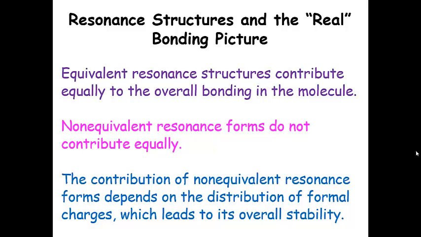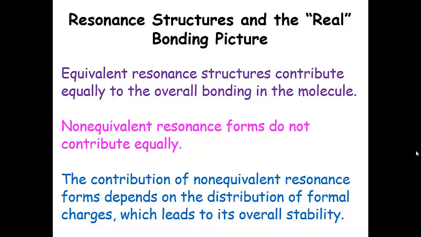And equivalent resonance structures, if you have, let's say, two equivalent resonance structures that can be drawn for a molecule, those would contribute equally to the overall bonding in that molecule, where non-equivalent resonance forms do not contribute equally. So basically, how much that non-equivalent resonance form contributes to the real picture is going to depend on its distribution of formal charge in the molecule.